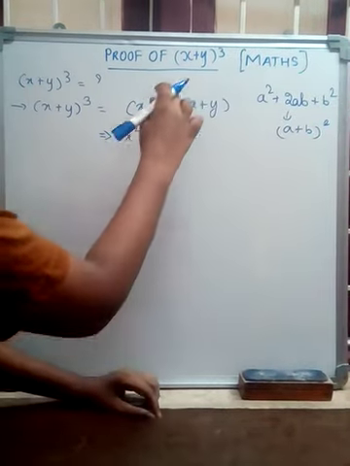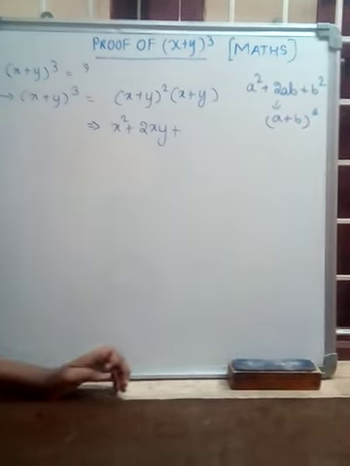A square, so here it will be x square. Plus 2ab, that is 2 into a into b, a is x here and b is y. Plus b square, here b is y, so we have to write y square.